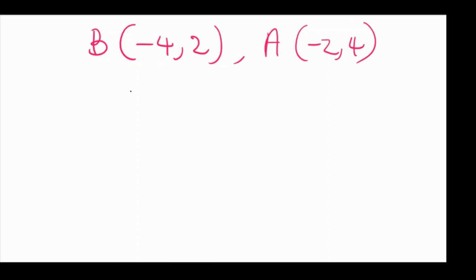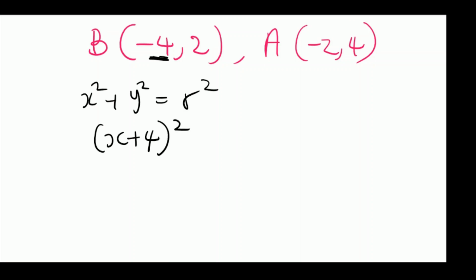We know the equation of a circle is x squared plus y squared equals r squared, right? Inside the x squared, we're going to write x minus b. Or let me just say, since we know our values, so this is the value of x, I'm just going to say x plus 4, squared. Why?